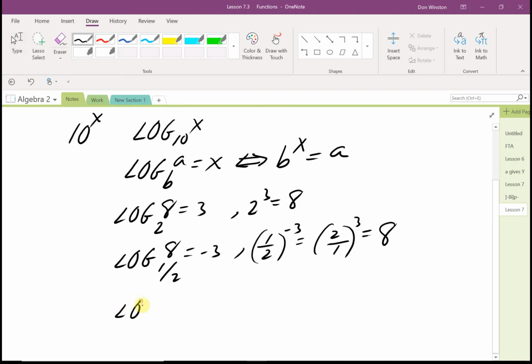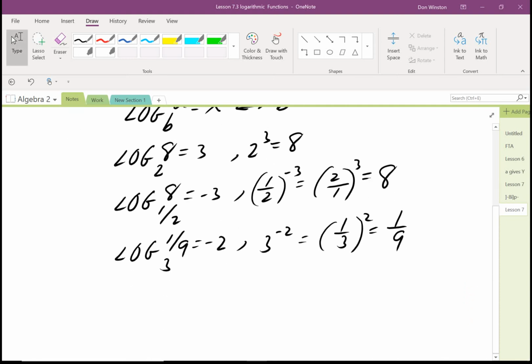Likewise, log base 3 of 1/9 is equal to -2 because 3 raised to the -2 is equal to 1 over 3 squared, which equals 1 over 9.